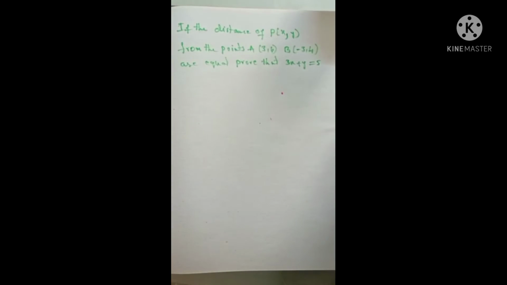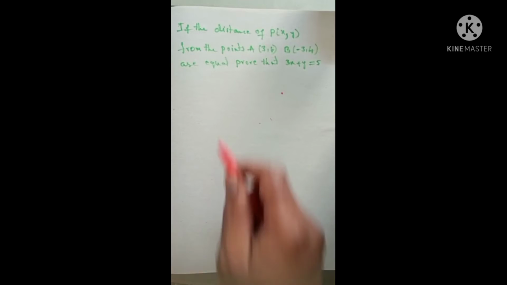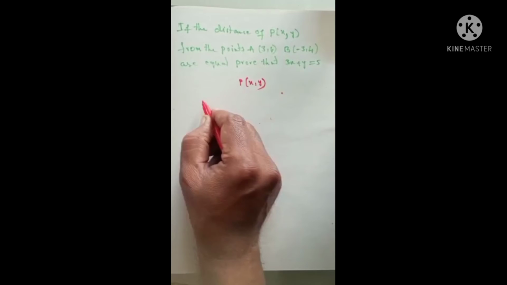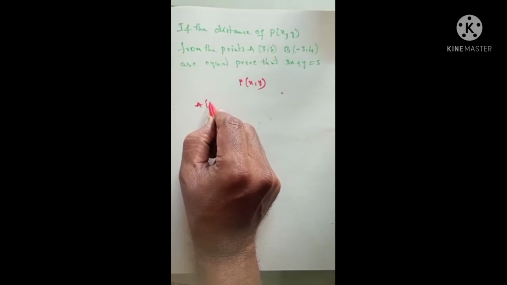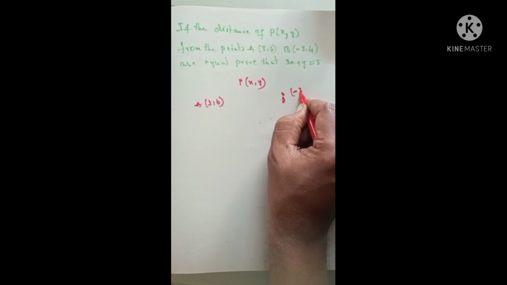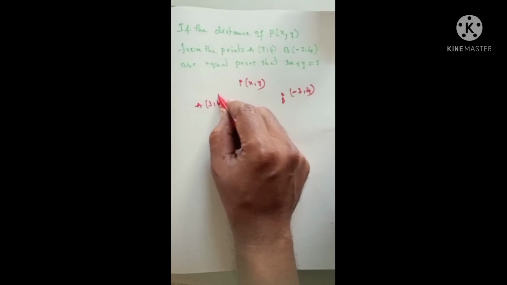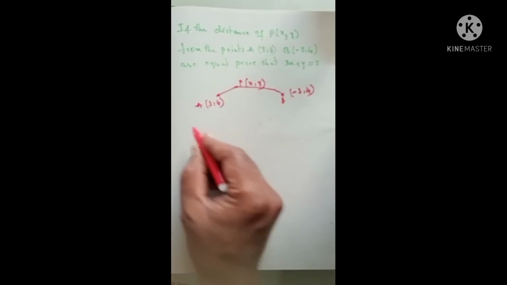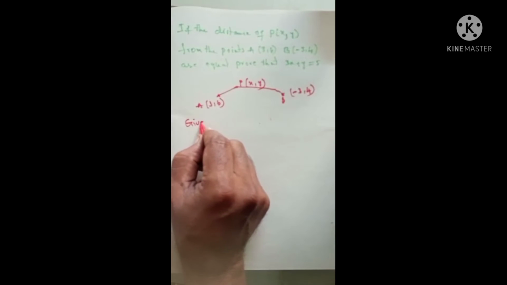So you see, Nana, this is one type of pattern question, beta. The distance from P, for example here P is there, that is (x, y), and here A is there, that is (3, 6), and here B is there, another point, that is (-3, 4). What is given, beta? PA should be equal to PB is given. So given is what, Nana?